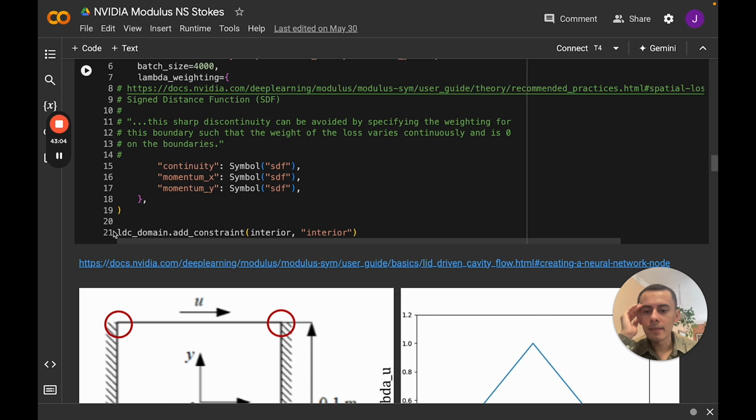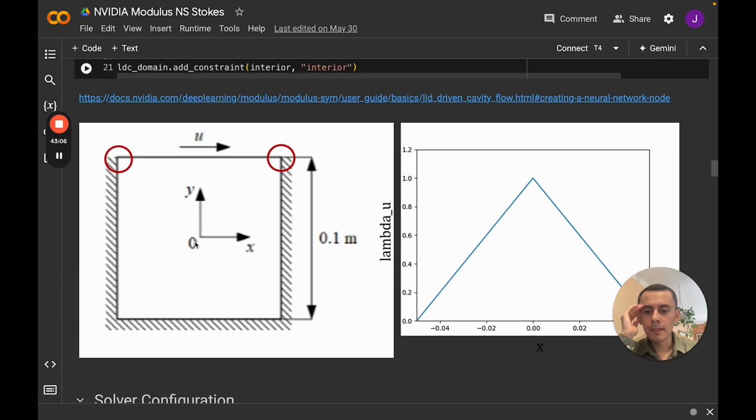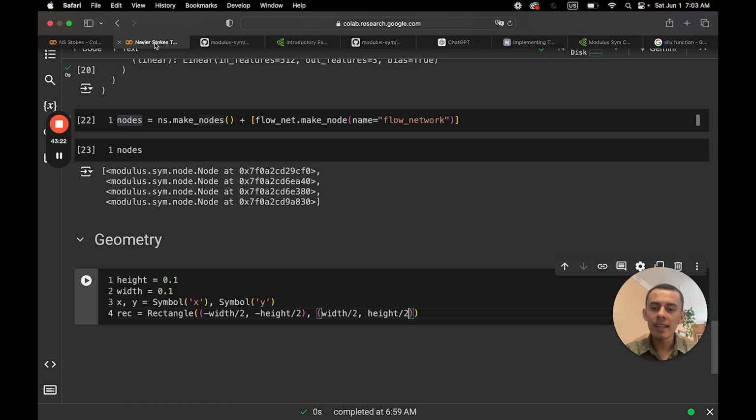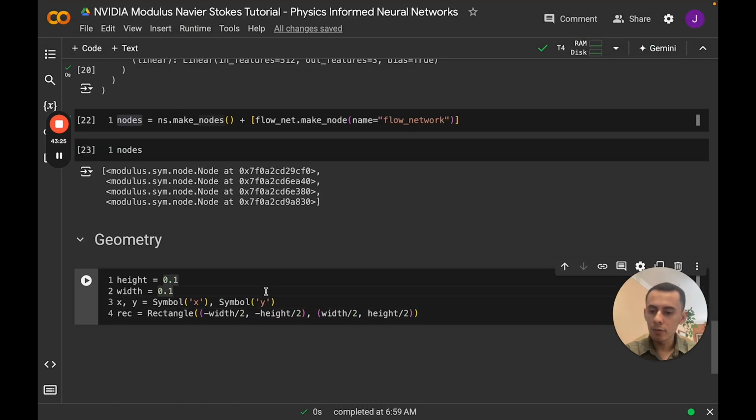So it's 0.05 to the right, 0.05 to the left, 0.05 to the bottom, 0.05 to the top. Total is 0.1 height, 0.1 width. And that's our geometry. That's what we're defining. That's all it is.